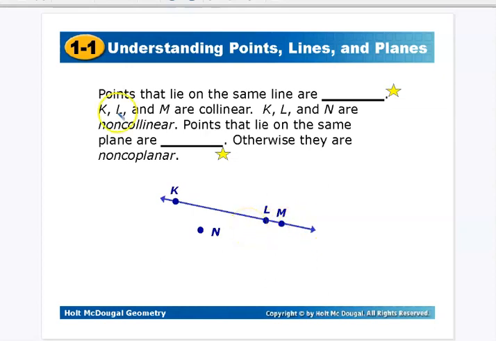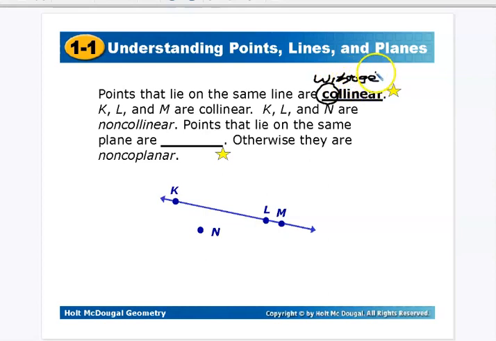All right. Points that lie on the same line are collinear. As an example here, you will see K, L, and M. They're all on the same line. Okay. The prefix co can mean something like with or together.